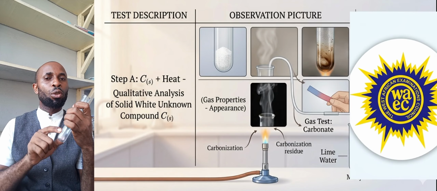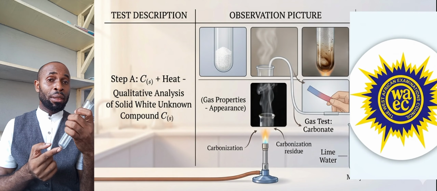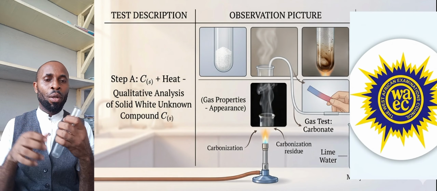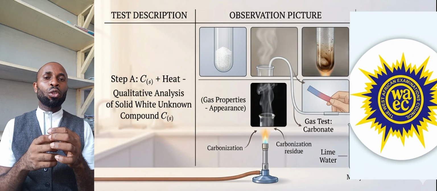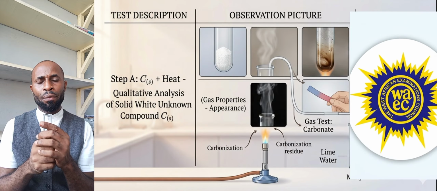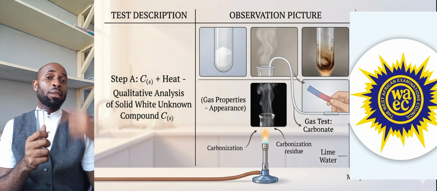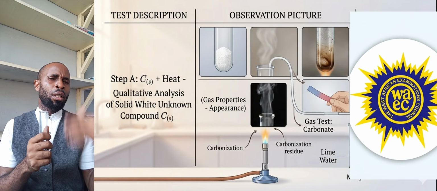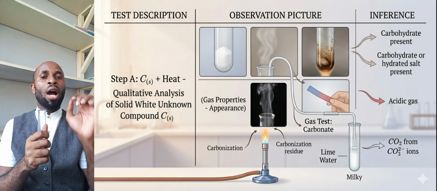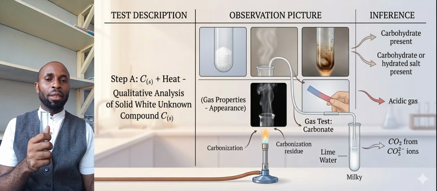Remember that it is turning reddish brown, the particles inside are becoming dark brown, we are getting wetness, and we are also getting a gas that turns blue litmus paper red. What am I going to be giving as inference? One, because of the liquid, the gas that seems like water coming out, we're going to say that carbohydrate or hydrated salts present.